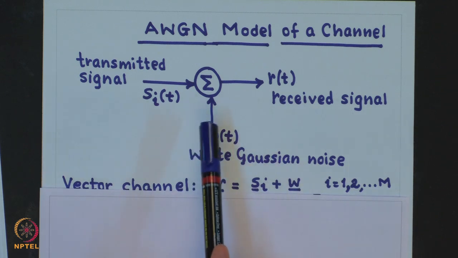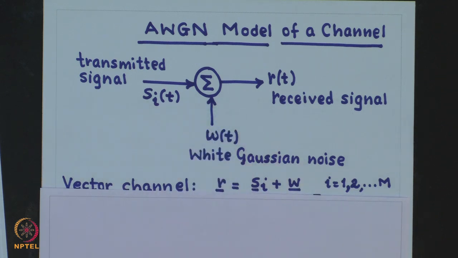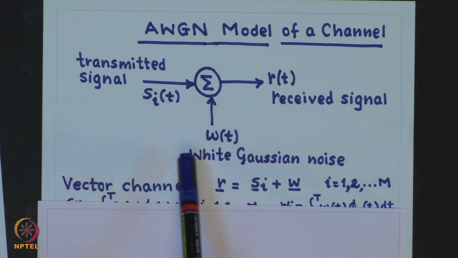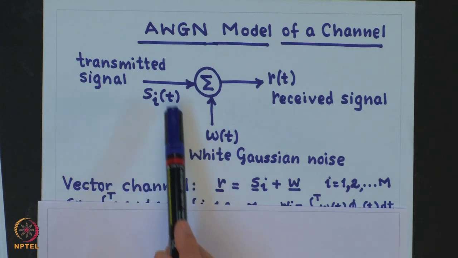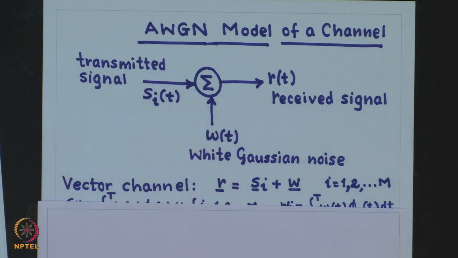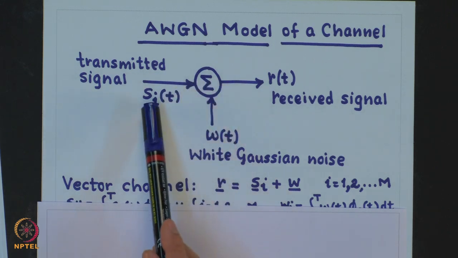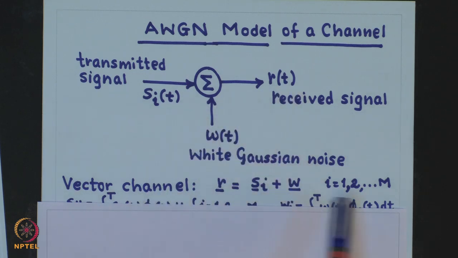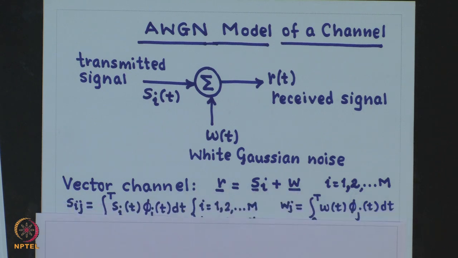Then using the Gram-Schmidt procedure, we know how to find the orthonormal basis signal set for the given message signal set, and using that orthonormal basis signal set, we can convert the continuous signals into vectors as shown by this expression.